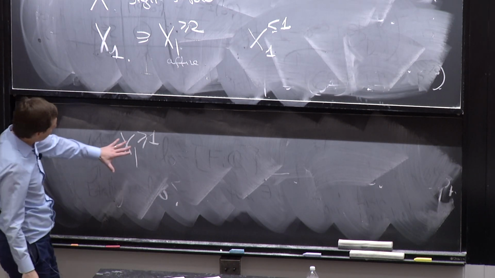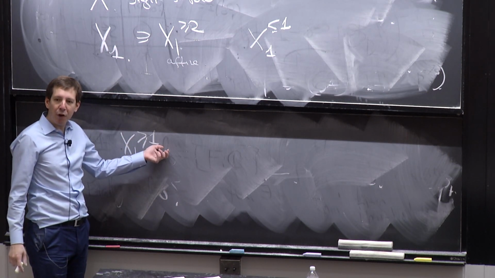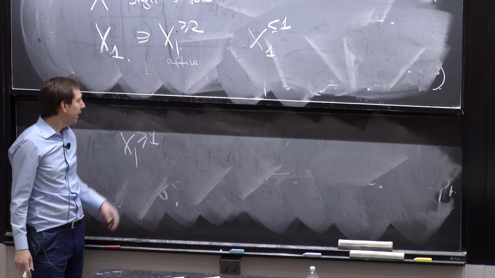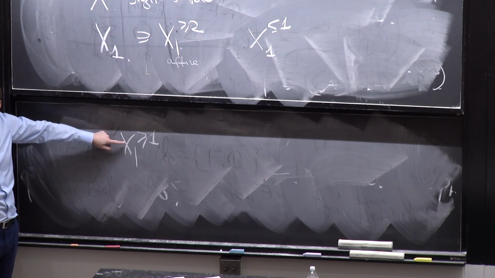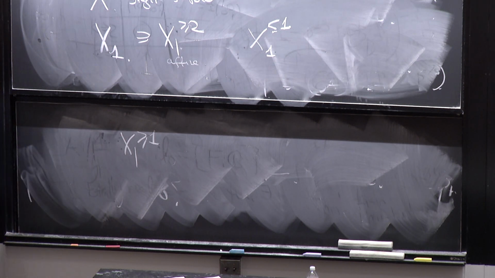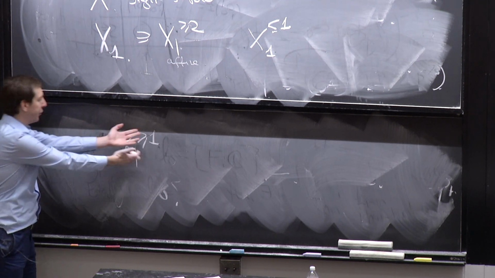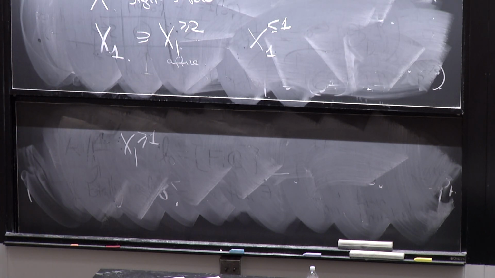This is a little bit misleading, but somehow I've removed something of codimension 2. So this is no longer affine. But in fact, it's covered by 2 affines. We have to work with the toroidal compactification, but in the minimal compactification, it's covered by 2 affines, and that's good enough for our purposes.